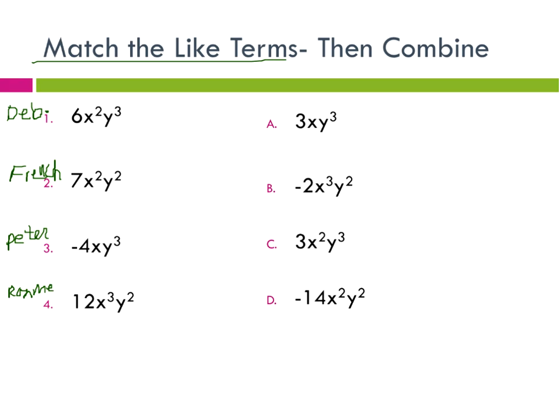So go ahead, figure out what matches, and type in like 1-A if those match together, and figure out what they combine to. All right. Using that chat feature, go ahead and type in what matches together.